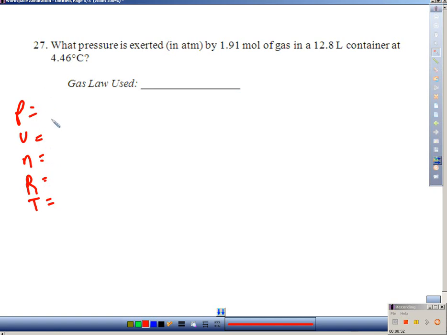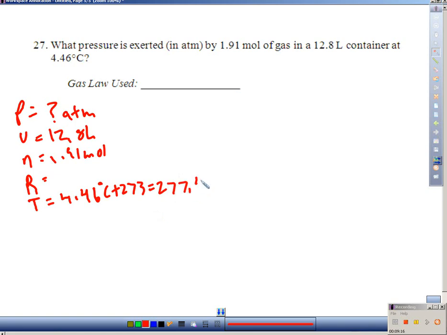So what pressure is exerted in the atmosphere? So we're looking for pressure in atm by 1.91 moles of gas, in a 12.8 liter container at 4.46 degrees C, which you add 273 to, and that gives you 277.46 K. Now our R, we already know that, it's 0.0821 liters atm per K mole.